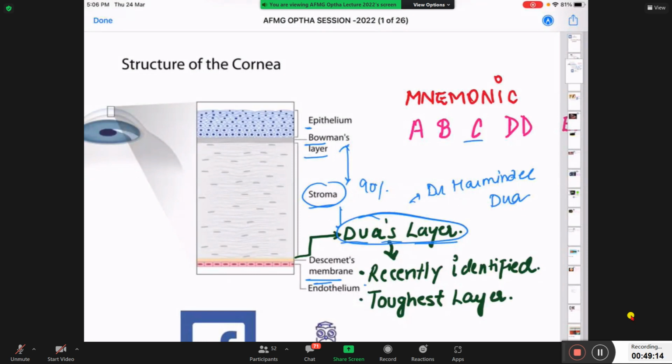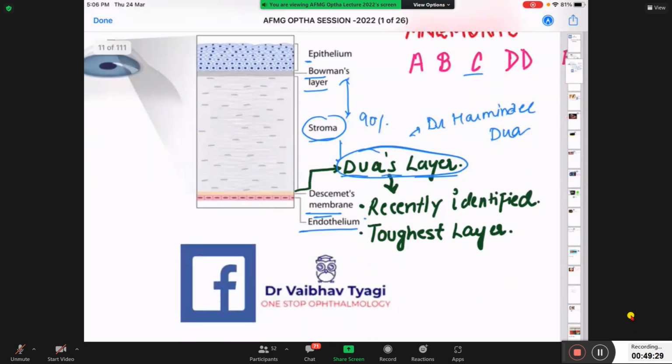After Dua's layer comes your Descemet's membrane. What was the important question in Descemet's membrane? Descemet's membrane can also regenerate, right? Like epithelium, Descemet's membrane can also regenerate. And the innermost layer was endothelium, which was the most metabolically active layer. Can you tell me which liquid is present behind the cornea, touching the endothelium?